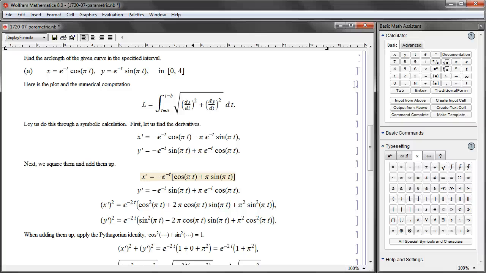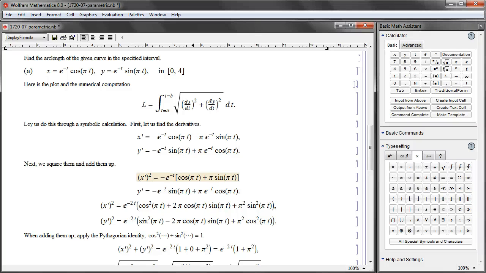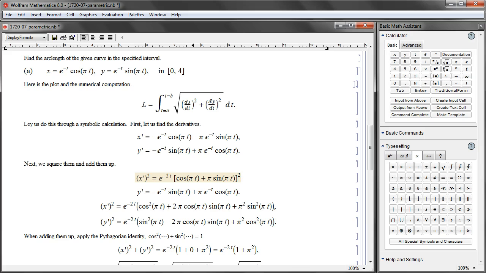Consequently, we have a plus sign in the middle, and the exponential part is gone from the second part. Let's square this. Squaring this exponential part, we lose this negative sign and get e to the negative 2t power, and then we have the square of this bracket.